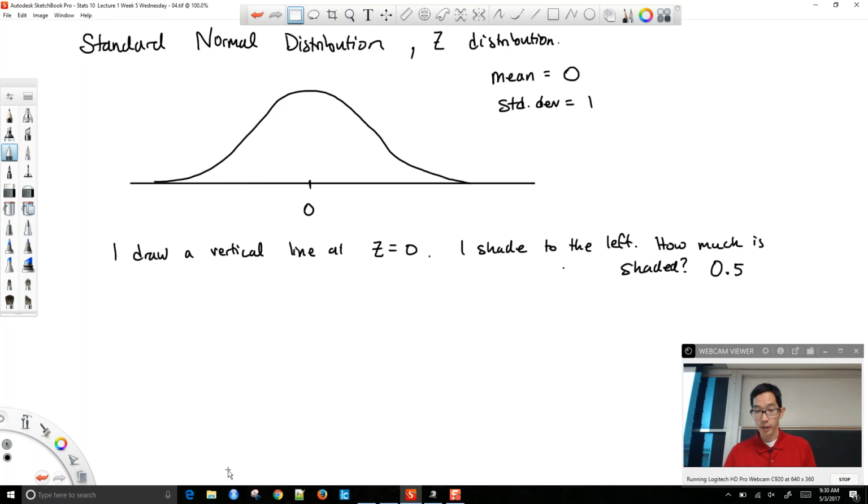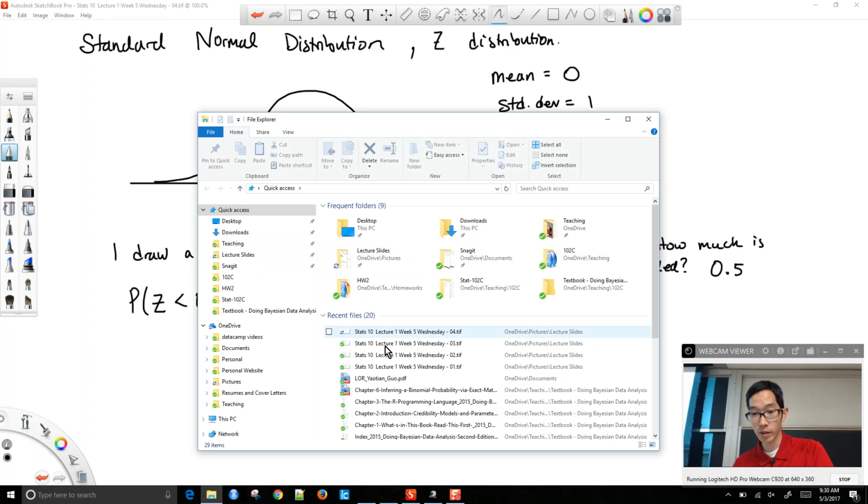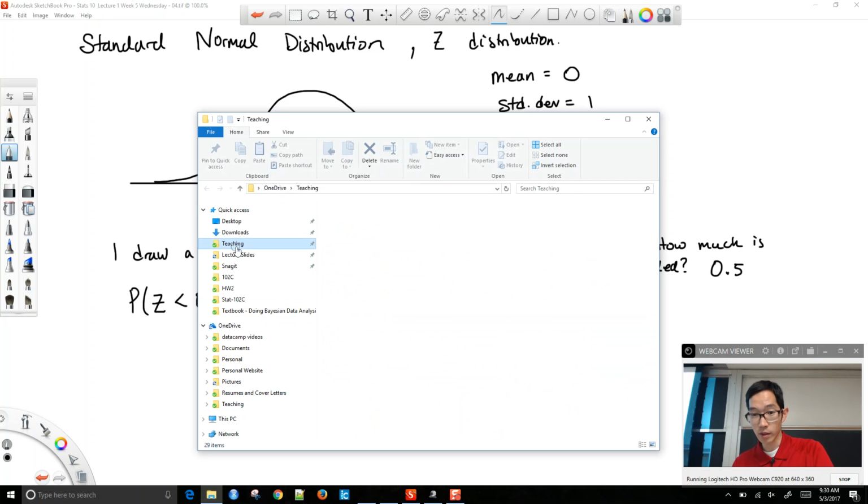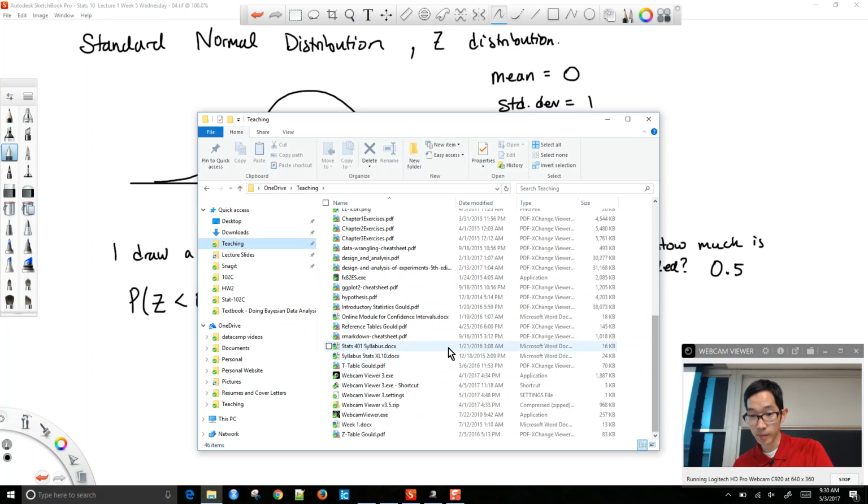So if I draw a vertical line at z equals 0 and shade to the left, how much is shaded? Another way of saying this is, what is the probability that z is less than 0? Let me pull up my table on the computer here.